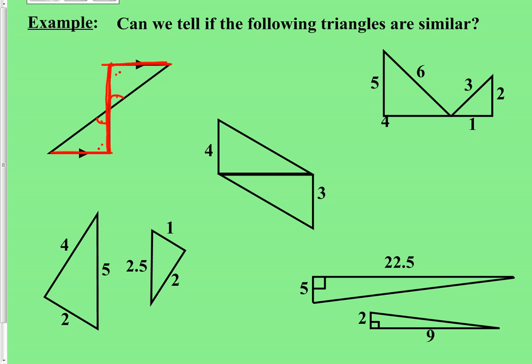Those would be alternate interior angles. And the rule for alternate interior angles says if your lines are parallel, then your alternate interior angles are always congruent to each other. So we do indeed have enough information to say, yes, these triangles are similar by angle, angle.